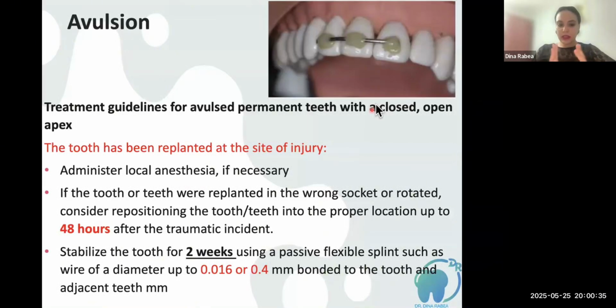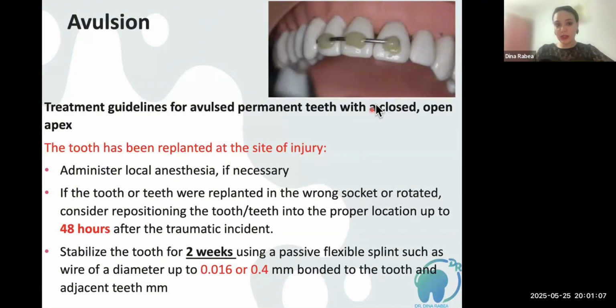The wire diameter should not exceed 0.4 millimeter, and we have to bond from the far tooth to the close tooth. I mean, start away from the avulsed tooth and bond, and when you reach the position of the avulsed tooth, make it the last piece of composite to be bonded to the tooth surface to make sure that the tooth will be in the right position.